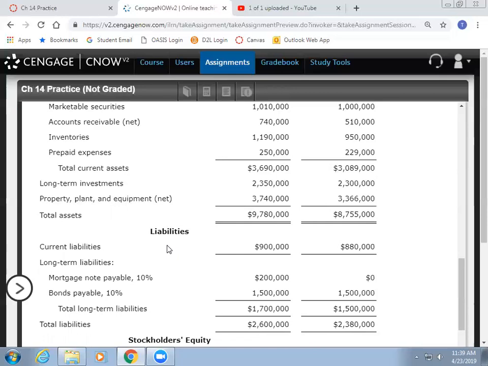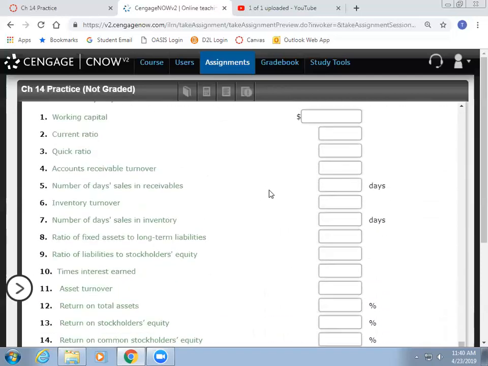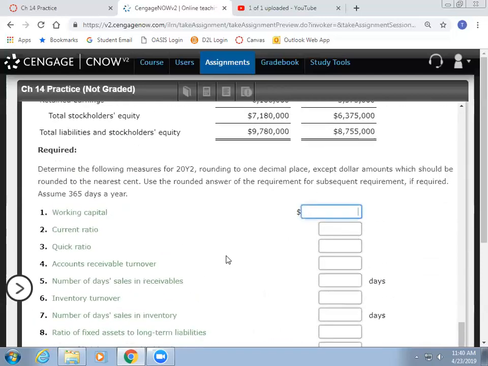The total current assets are $3,690,000, and then my current liabilities are $900,000. So I would truly take 3,690,000 minus 900,000. And that's a dollar amount, working capital. They put the dollar there for us. So our working capital for the current year is 2,790,000.